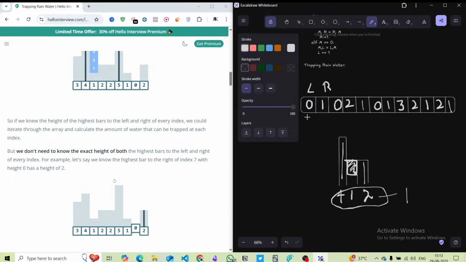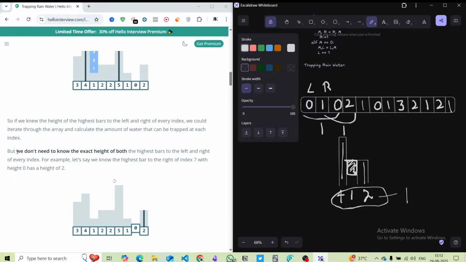Here 0, then 0 minus 1, then 1 minus 1. So here it will be 1. Then 1 minus 0 is 1, and 1 minus 2 is 1. Like this, we can do it.